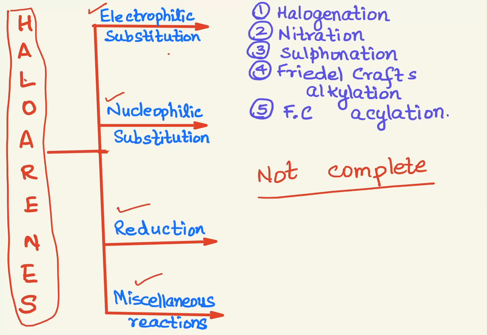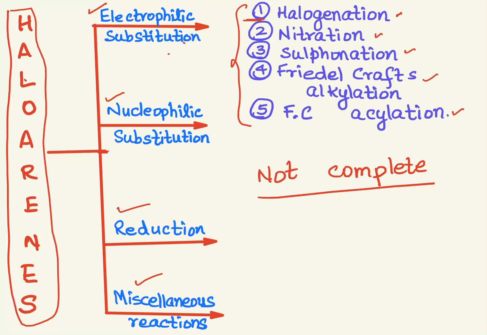Electrophilic substitution, replacement by an electrophile. Wherever you see these, remember these 5. That's it. What is it? Halogenation, nitration, sulfonation, FC alkylation and FC acylation. Friedel-Crafts alkylation and Friedel-Crafts acylation. Remember them.